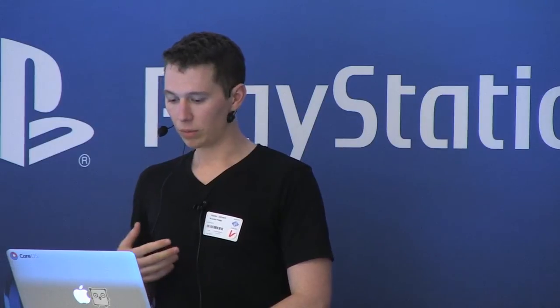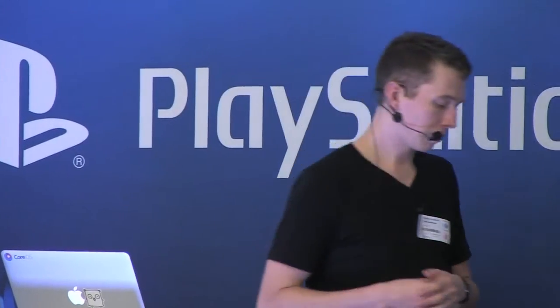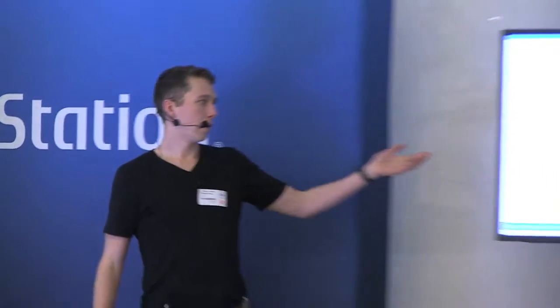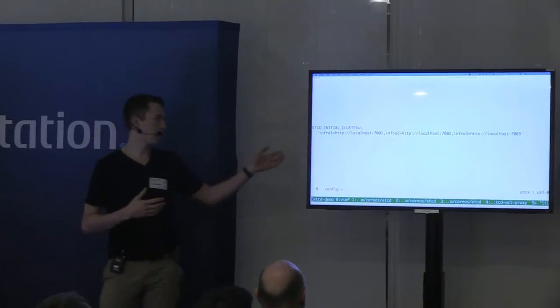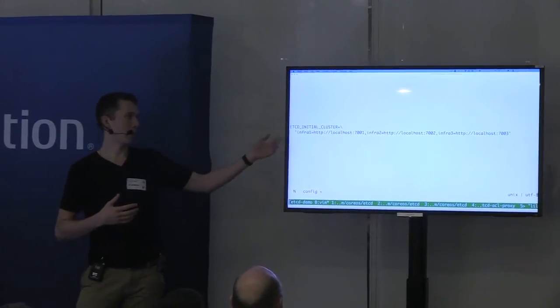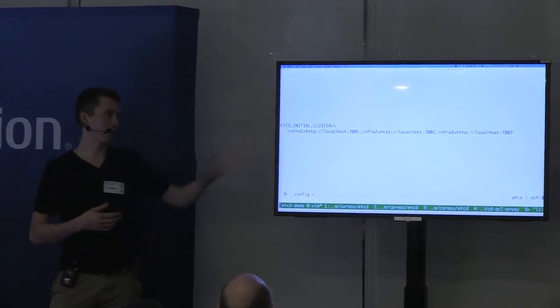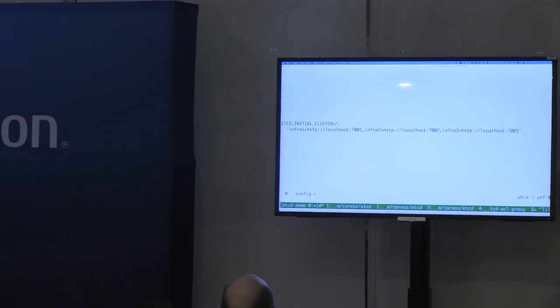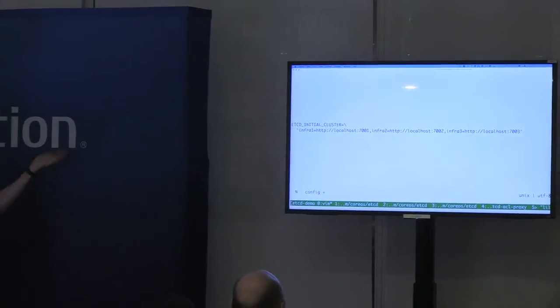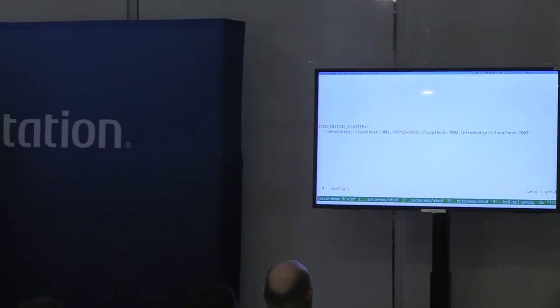So what we decided to do is make it so that the initial bootstrap of the cluster is completely static. In etcd 0.5, if you want to configure, say, a 3-member cluster, on each of the members, you say, these are the 3 members that are going to be in the cluster initially. This is running on my laptop, so all the hosts are localhost, but they have separate ports.